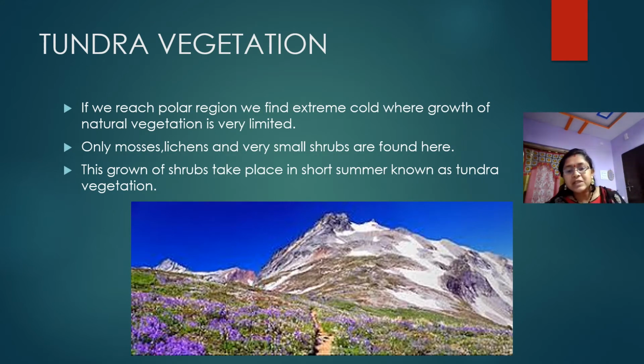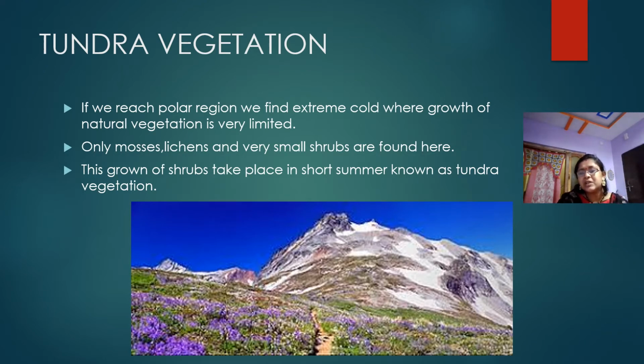So we have discussed Mediterranean vegetation and natural vegetation. Similarly, we have another kind of vegetation in this biosphere where life exists, that is tundra vegetation. Tundra vegetation we generally see in the cooler regions, where we find snow throughout the year.